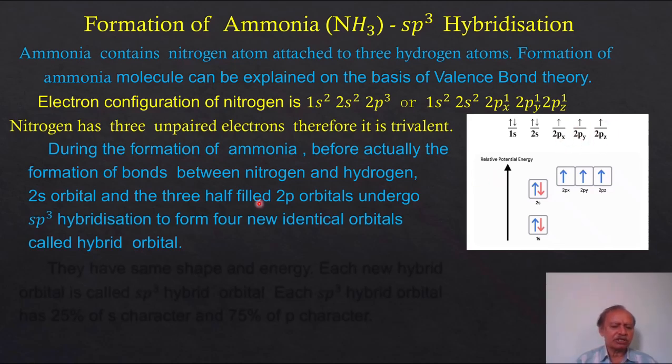They mix with each other. That means they undergo hybridization. This hybridization will take place before the formation of bonds. So the filled 2s orbital and 3 half-filled 2p orbitals, totally 4 atomic orbitals, mix with each other and form new orbitals, which are known as hybrid orbitals.